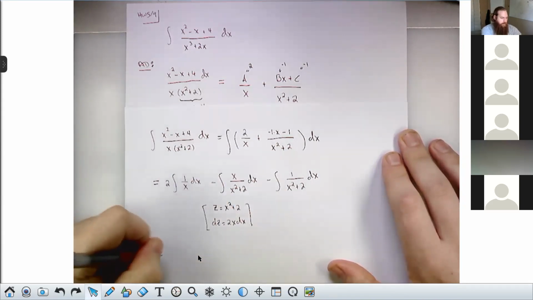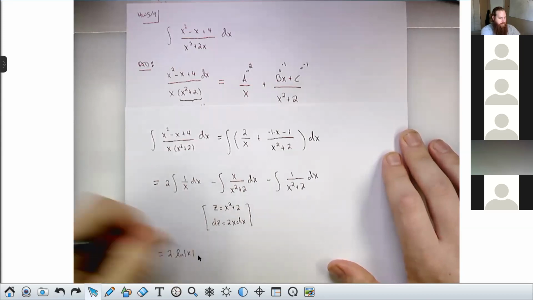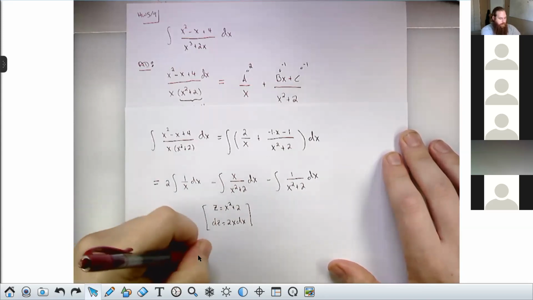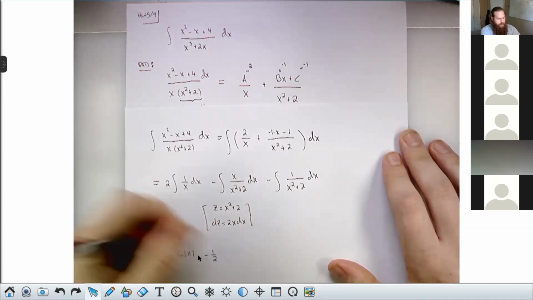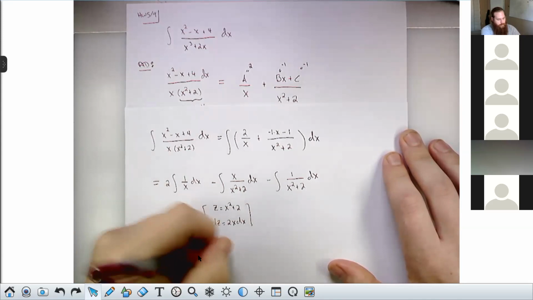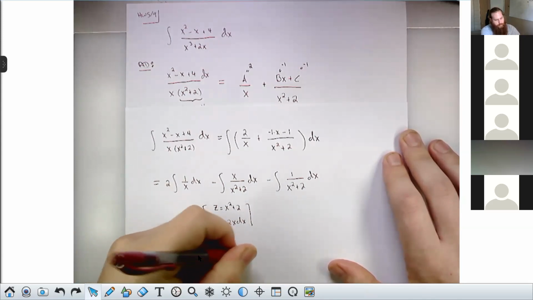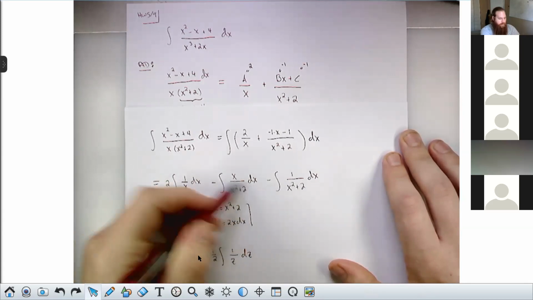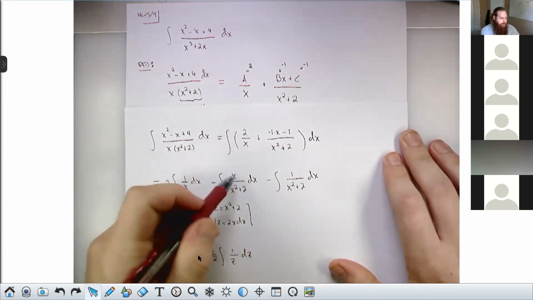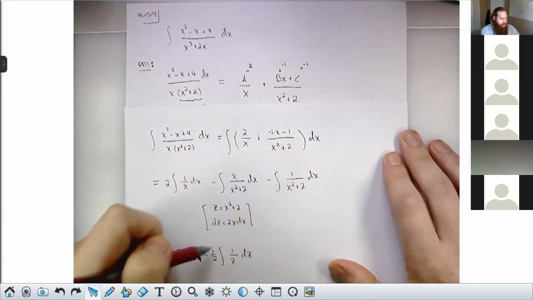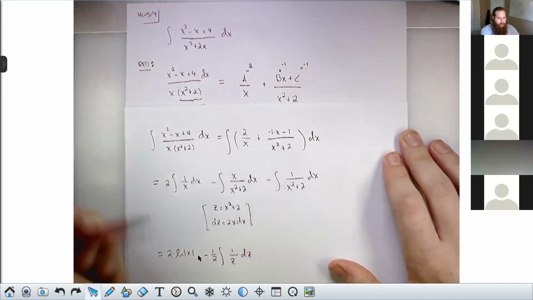The first piece is 2 times the natural log of the absolute value of x. The middle piece under this substitution becomes minus 1/2 integral 1 over z dz, because the x dx is eaten up by dz. X dx is 1/2 dz, so that's where the 1/2 is coming from.